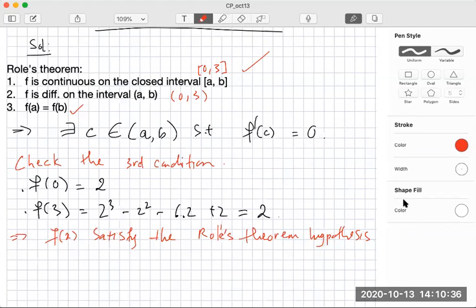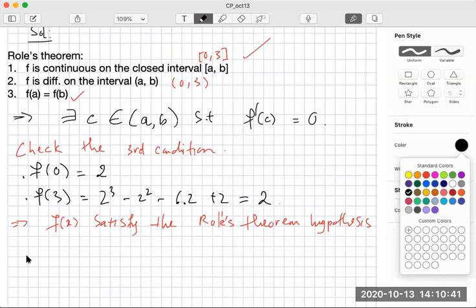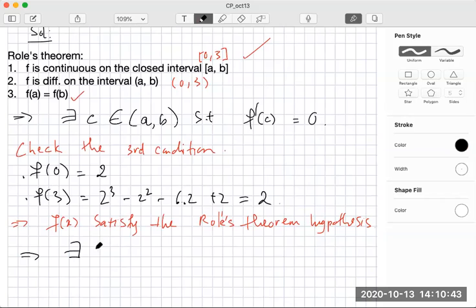Okay, it's satisfying, therefore there exists a number C from 0 to 3 such that f prime at C should be 0. Okay? So we need to find C. How can we do that?